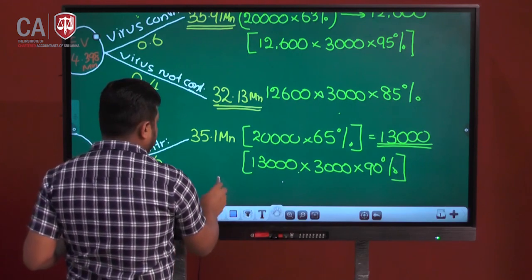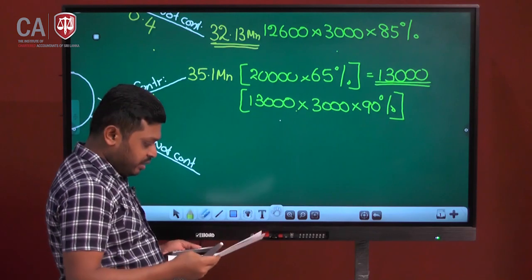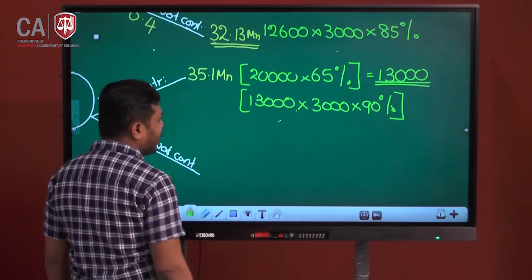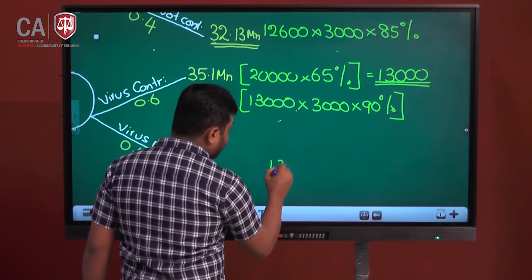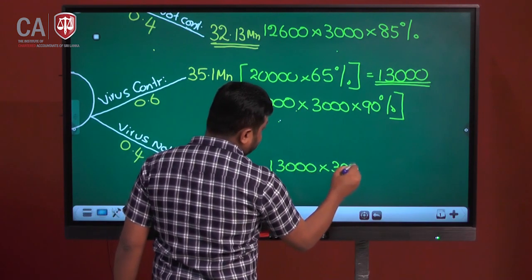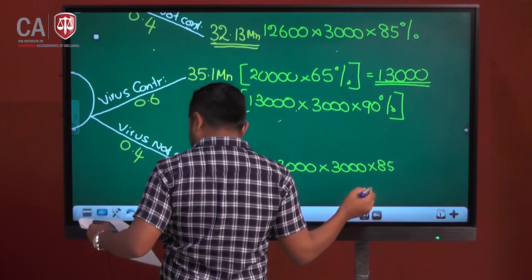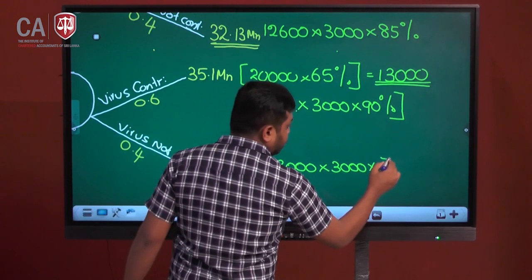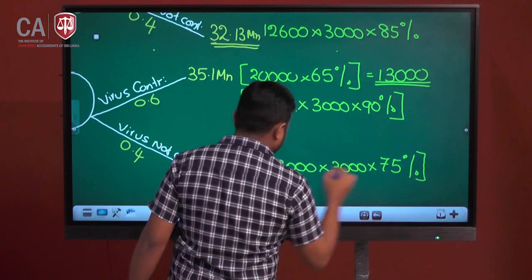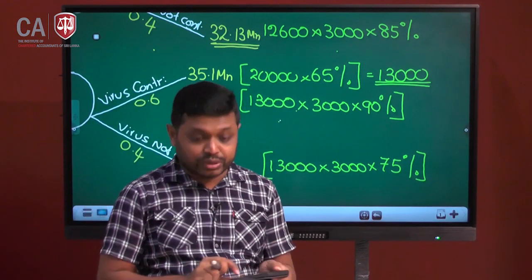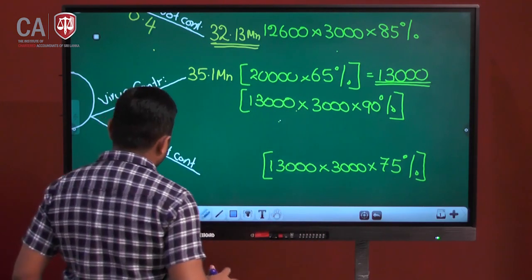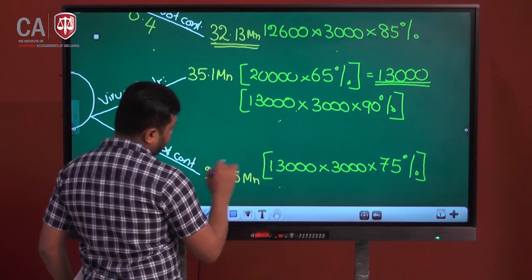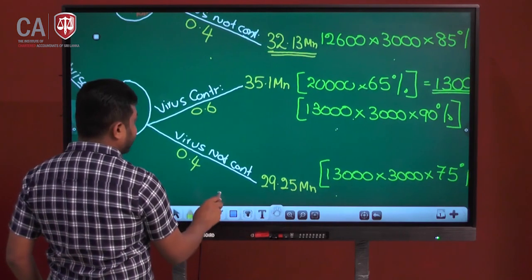Then if virus is not controlled, there will be 75% occupancy. 13,000 is the contribution per room night, 3,000 room nights available, and 75% of that. 13,000 into 3,000 into 0.75 is 29.25 million.